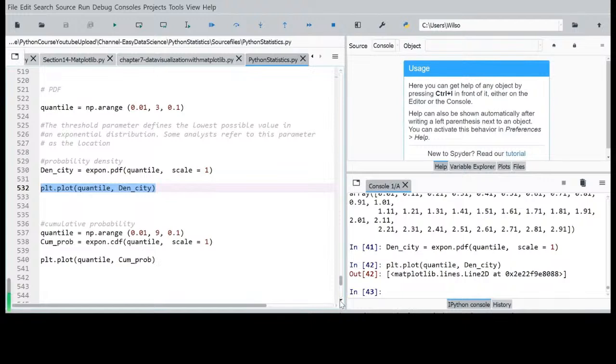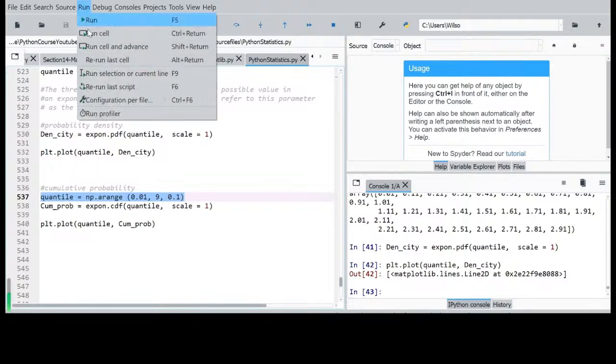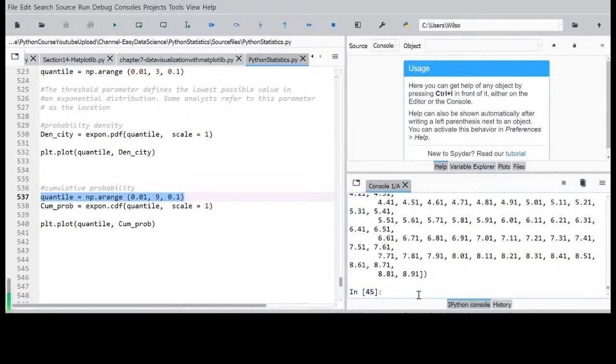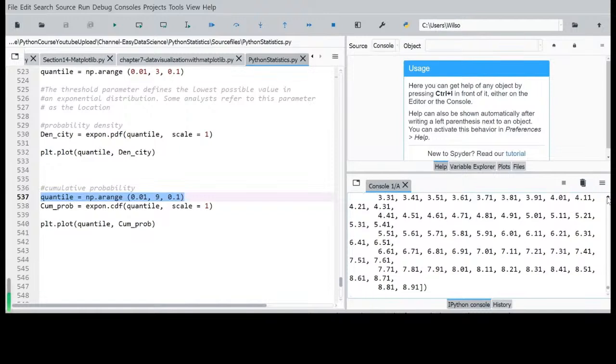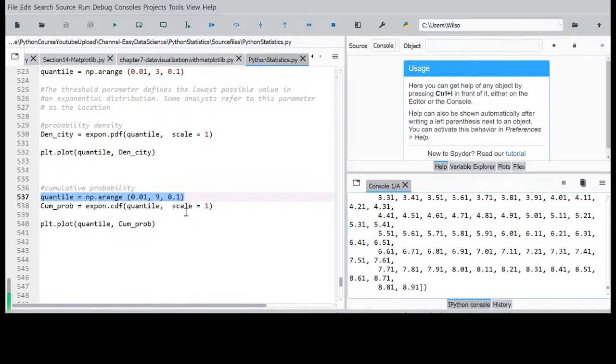The third function we will show is called CDF. This is the cumulative probability function. We will also create a quantile array first, this time about 90 values between 0.01 and 9 with the gap 0.1.